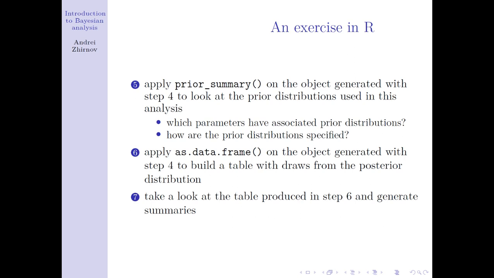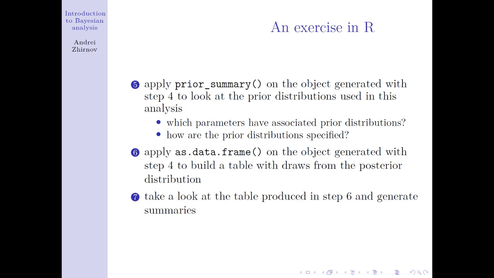At step 6, you can use the function called as.data.frame to extract the random draws from the posterior distribution from the object created at step 4. This should give you a table with the draws from the posterior distribution.